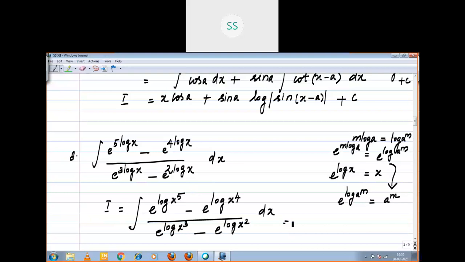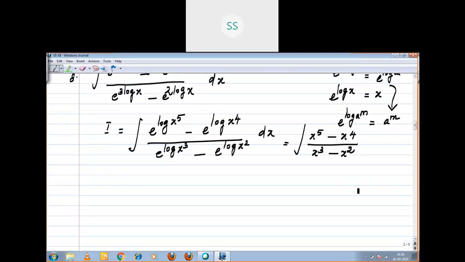Then I gave e power log a power m equal to a power m. That means x power 5 minus x power 4 divided by x power 3 minus x power 2. Got it, children? Say yes or no. Yes.